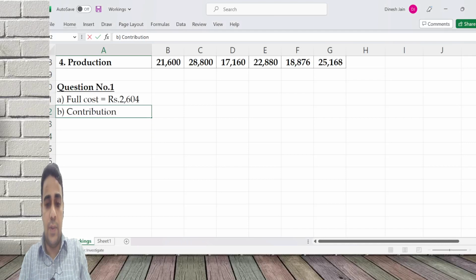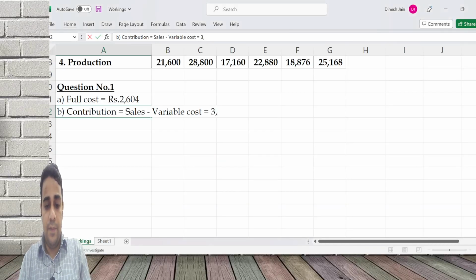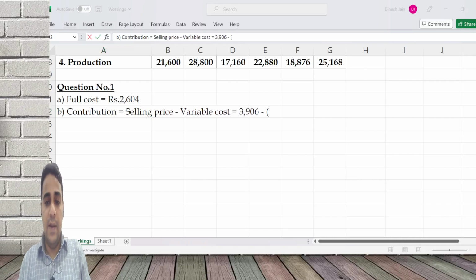Contribution is equal to sales minus variable cost. Not sales, basically selling price, because we are doing per unit calculation. 3906 minus variable cost.